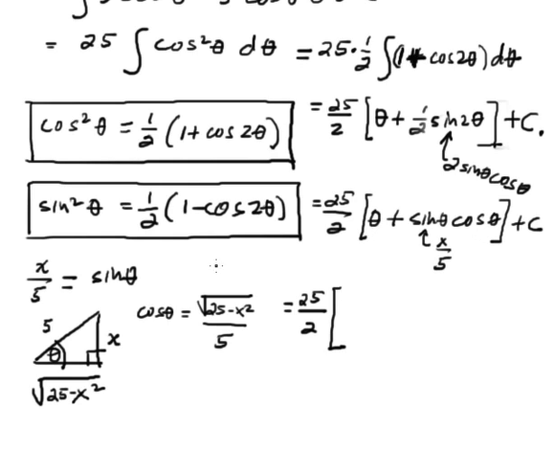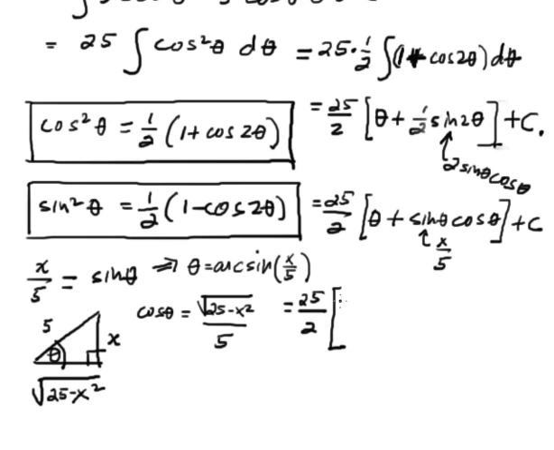Okay, now what about theta? Well, again, from this equation, we can solve for theta. If x over 5 is equal to sine theta, that means that theta is the arc sine, or inverse sine, of x over 5.